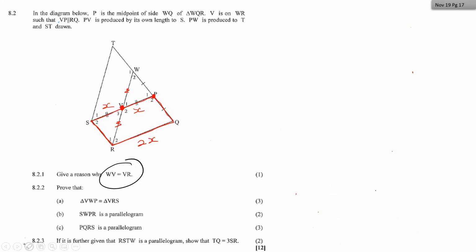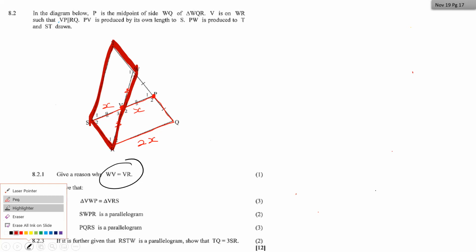All right, going to the next question. It says it is further given that RSTW, let's highlight the diagram. So they're telling us RSTW is a parallelogram. Now, what do we know if it's a parallelogram?